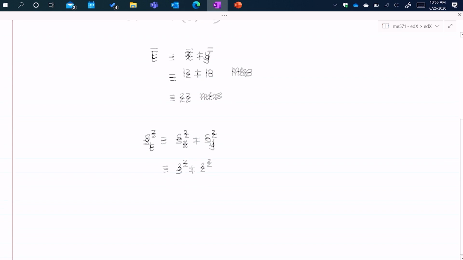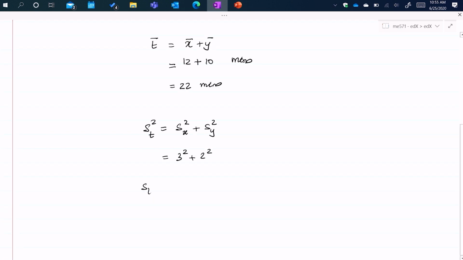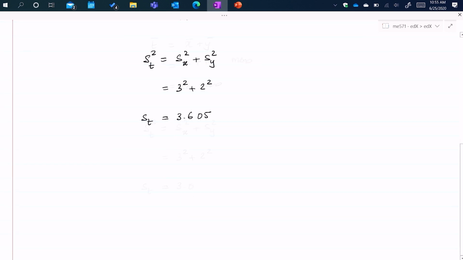That gives us the standard deviation of the total time to be equal to 3.605 minutes. All right, so what we need is the probability that t is greater than 30 minutes.